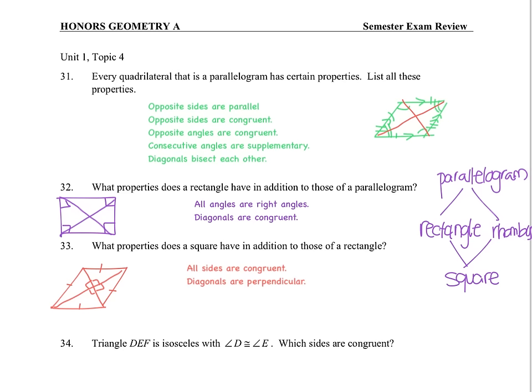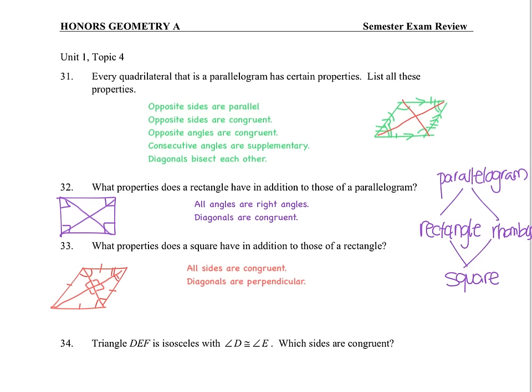Finally, the last property is also about the diagonals, and that's going to tell us that the diagonals bisect our opposite angles. So for instance, this angle right here is going to be congruent to this angle. This angle is congruent to this one. Now, we actually know that opposite angles are congruent, so we can say this angle is congruent to this one.